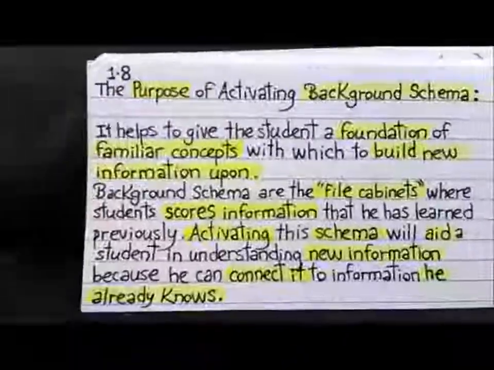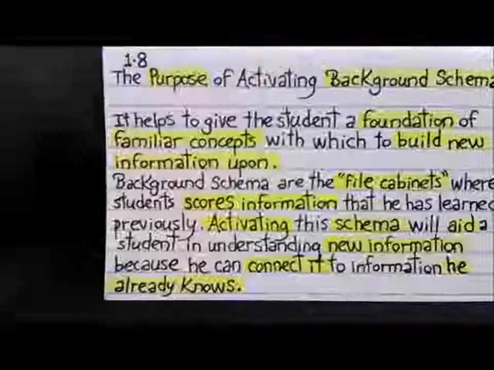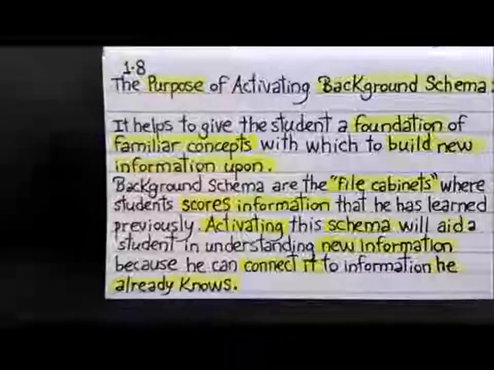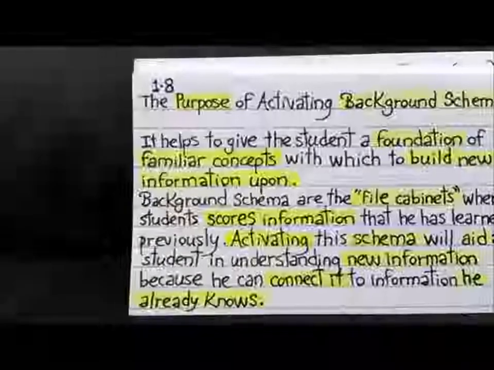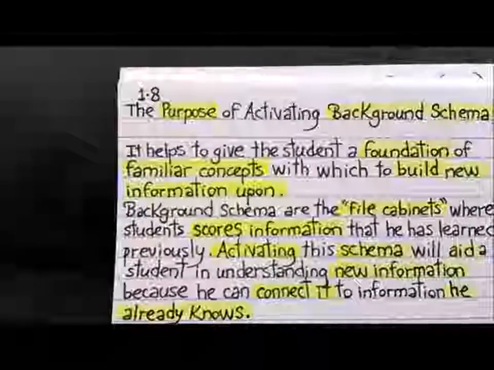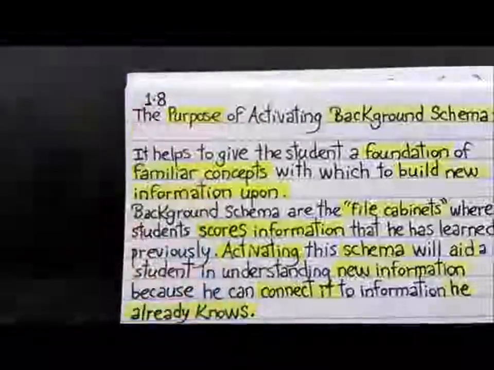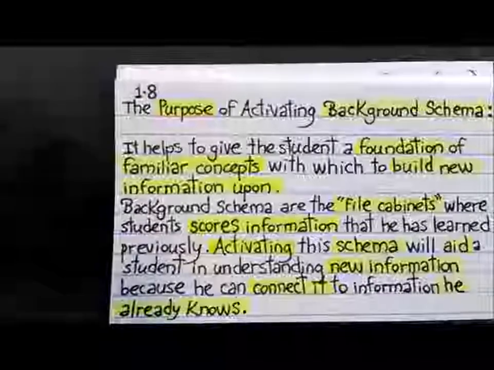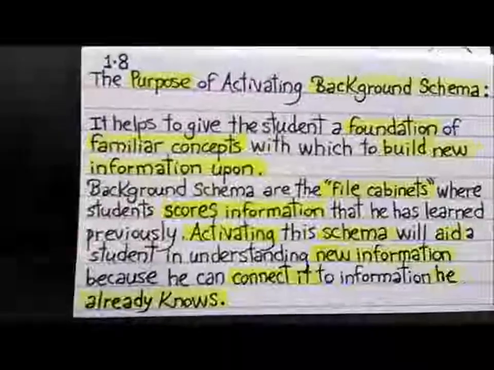The purpose of activating background schema. What is the purpose of activating that schema? It helps to give the student a foundation of familiar concepts with which to build new information upon. Let me read that again. It helps to give the student a foundation of familiar concepts with which to build new information upon.